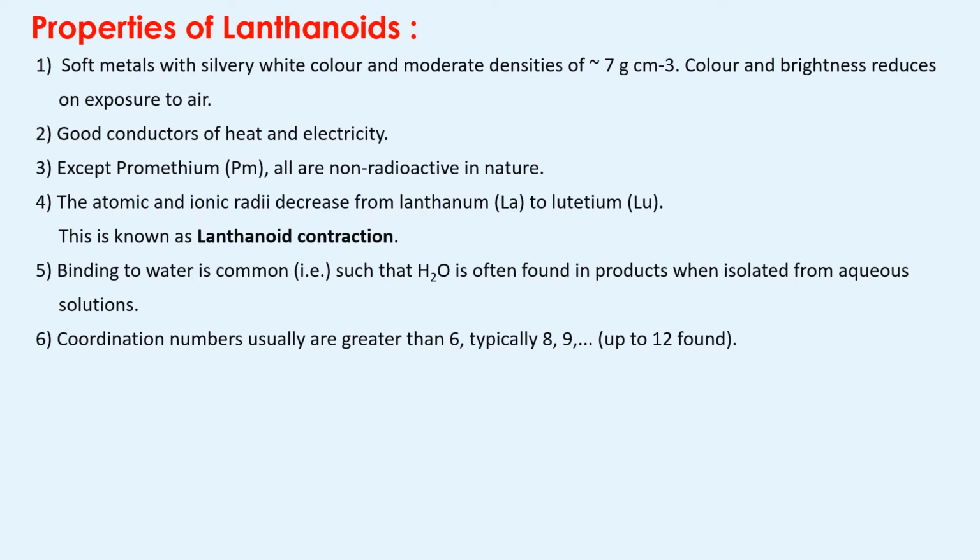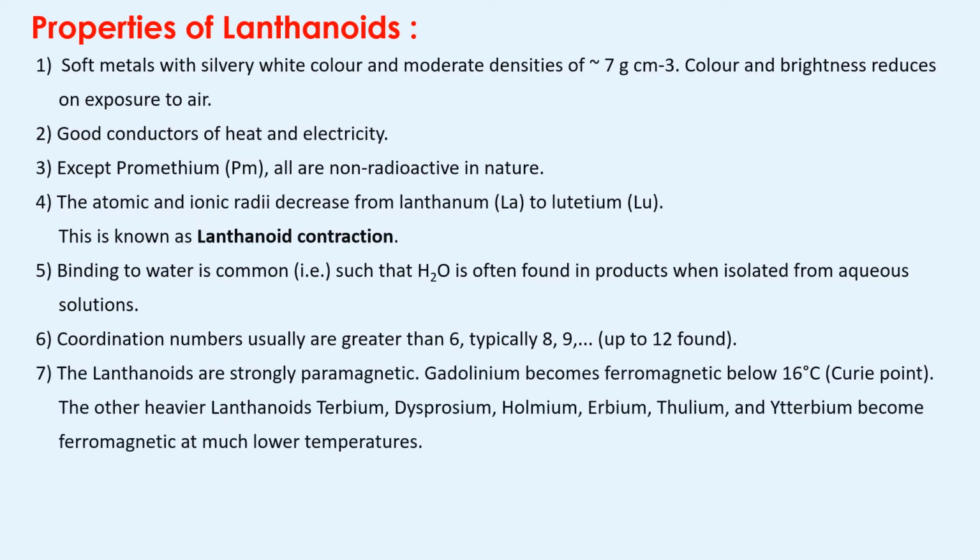Coordination numbers for lanthanides are greater than 6, typically 8, 9, and up to 12. Lanthanides are strongly paramagnetic. In the lanthanide series, gadolinium becomes ferromagnetic below 16 degrees, and that temperature is called the Curie point.